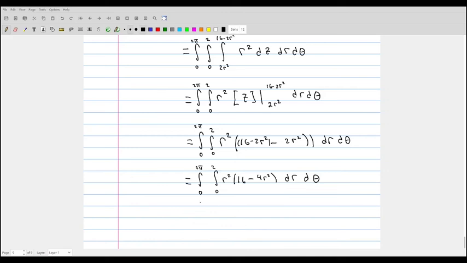And this integral is relatively straightforward to go through and evaluate. The integral from 0 to 2 pi. This will be the antiderivative of 16 times r squared, which will be 16r cubed over 3, minus 4 times the antiderivative of r to the fourth, which will be 4/5 r to the fifth, from 0 to 2.